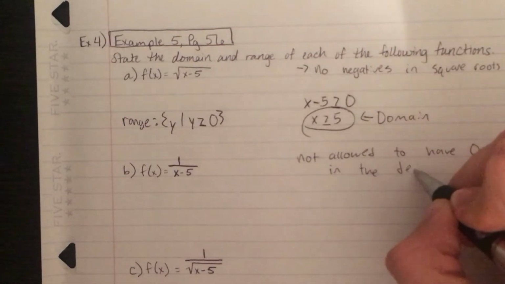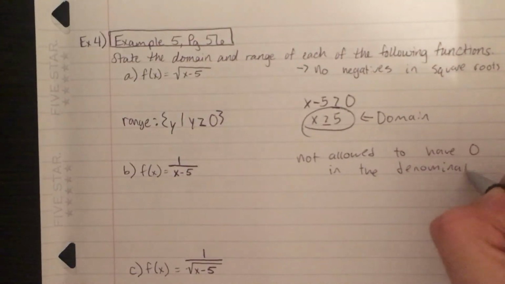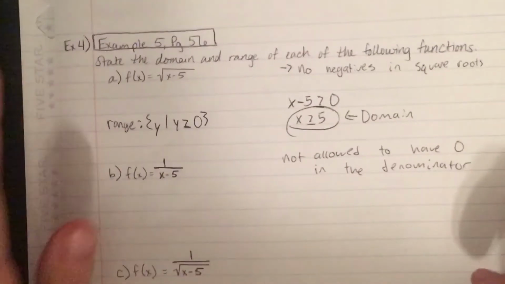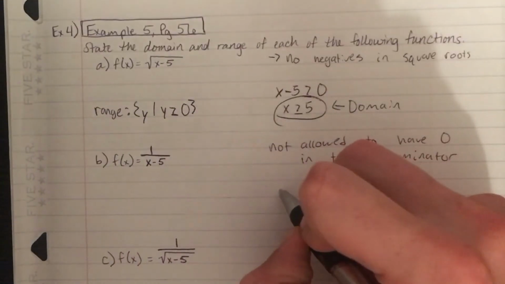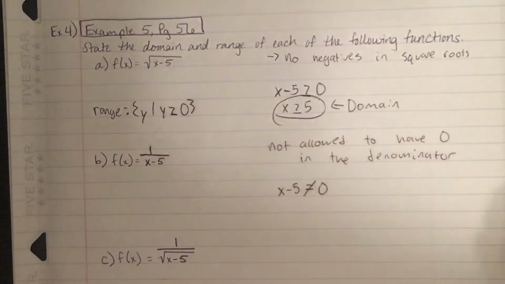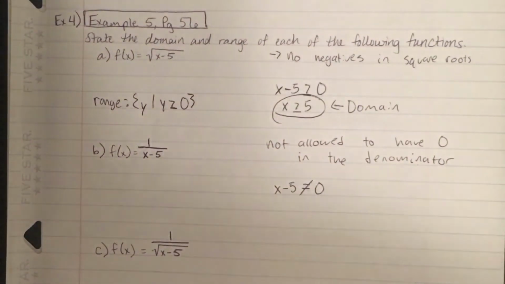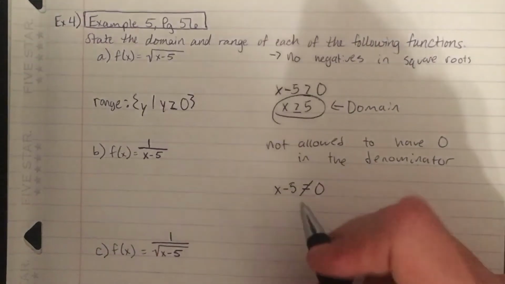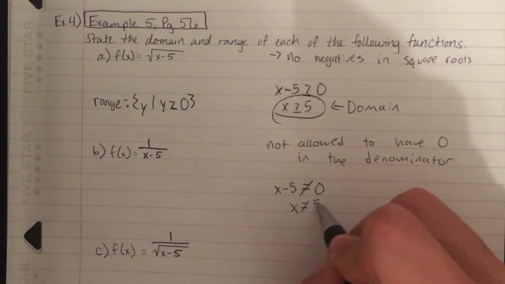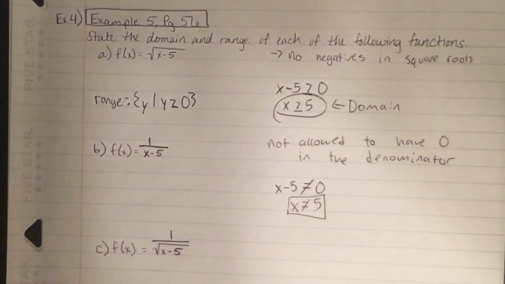You physically break math. Mr. Price would be without a job if you could do that. So what we do for the domain is that we take x minus 5 here, and we say it cannot, will not, shall not be 0. And so what that does is that just tells us that x cannot be equal to 5.